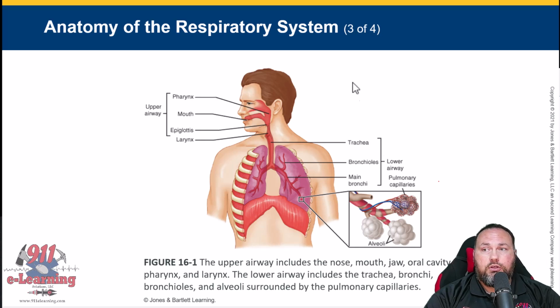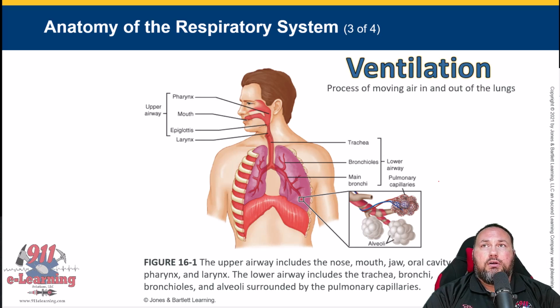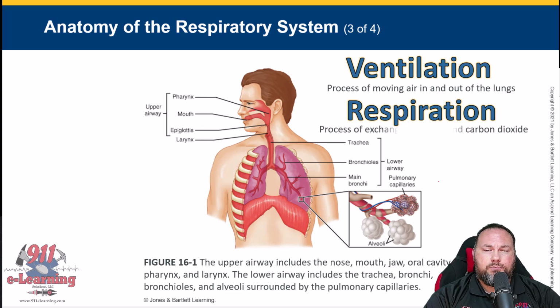So a quick review: ventilation is the act of moving air in and out of the lungs. Respiration is the process of exchanging oxygen and carbon dioxide. Those are the two primary things to keep in mind. Ventilation, getting air in and out.